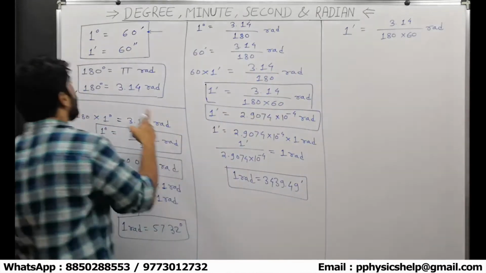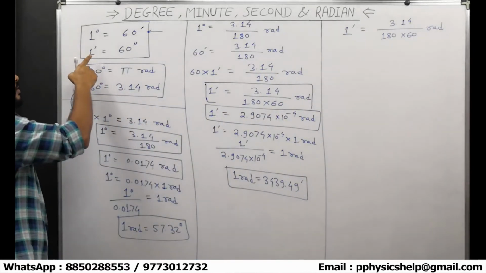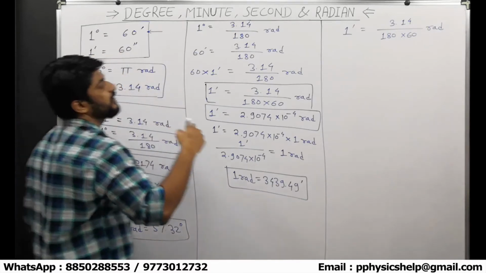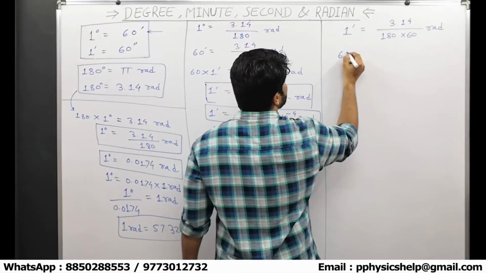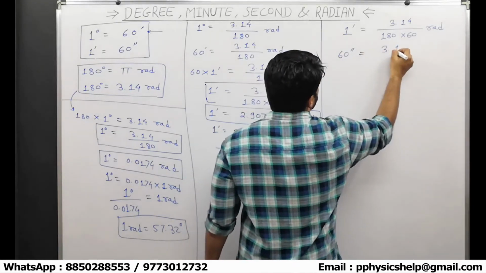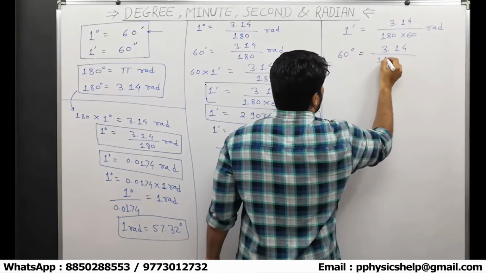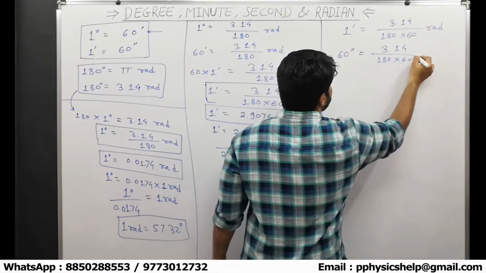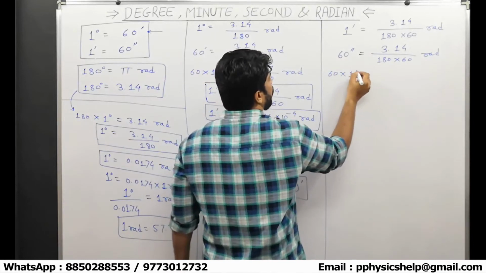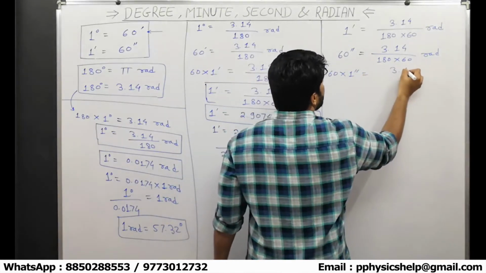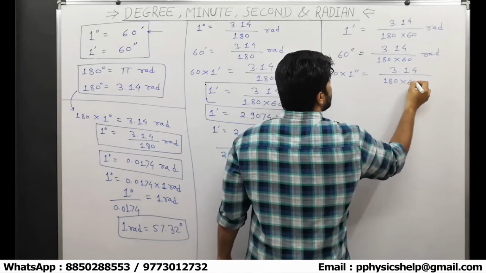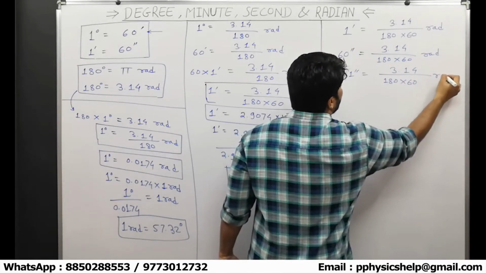Now you see here, 1 minute is equal to 60 seconds, right? So this is 60 seconds, and that is 3.14 upon 180 into 60 radian. Now we can write this as 60 times 1 second is equal to 3.14 divided by 180 into 60 radians.